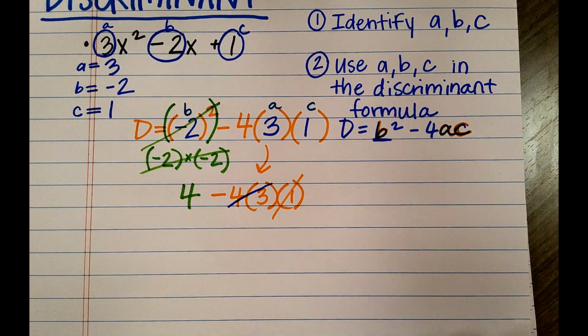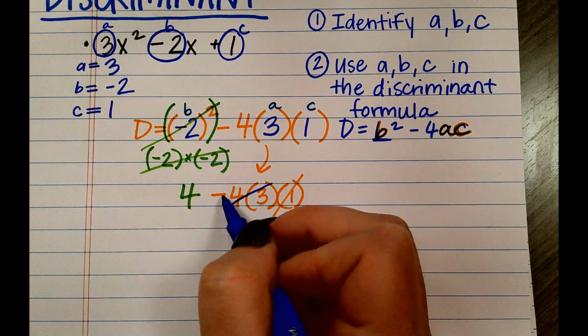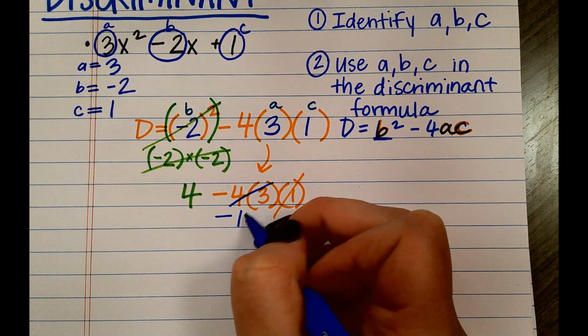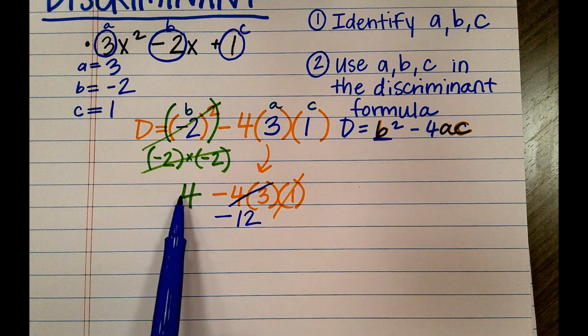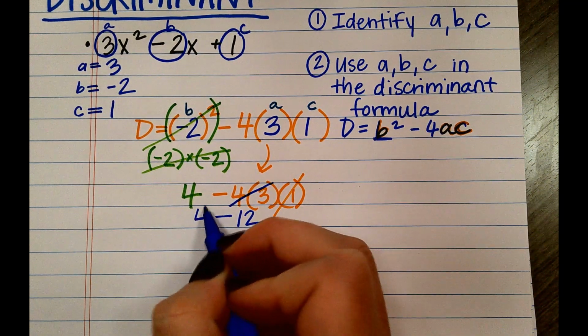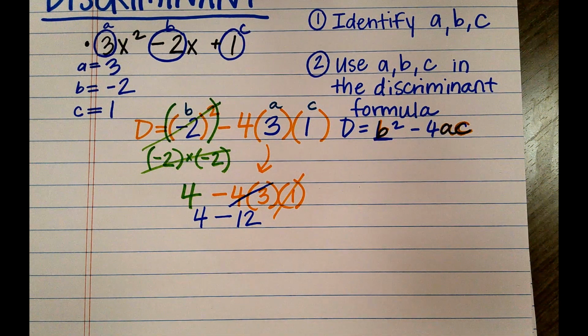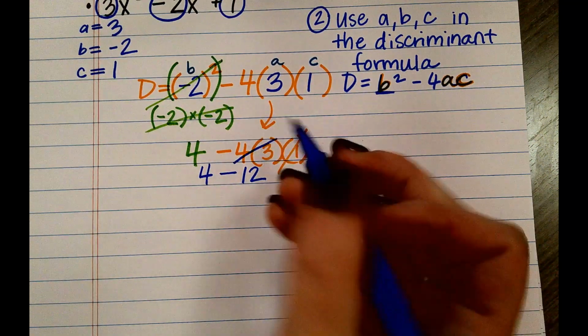Either way, same answer. Bring down my 4. Okay. 4 minus 12 is -8.